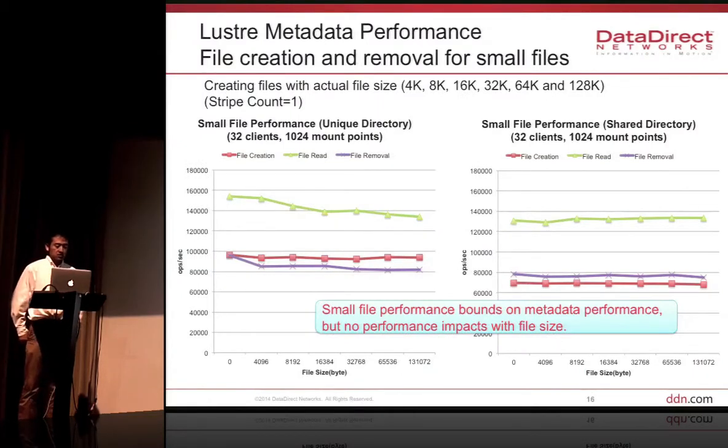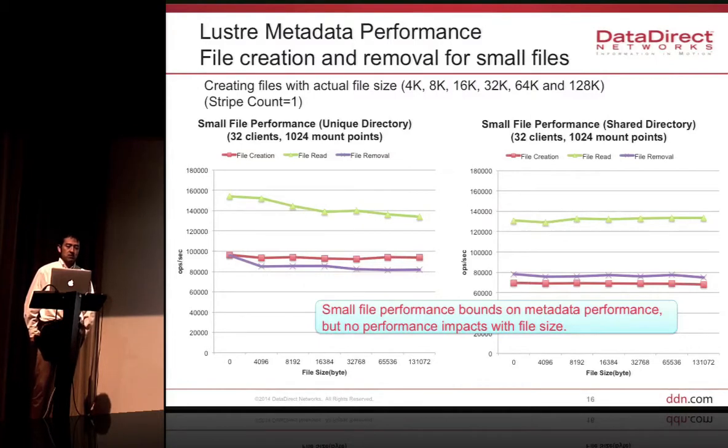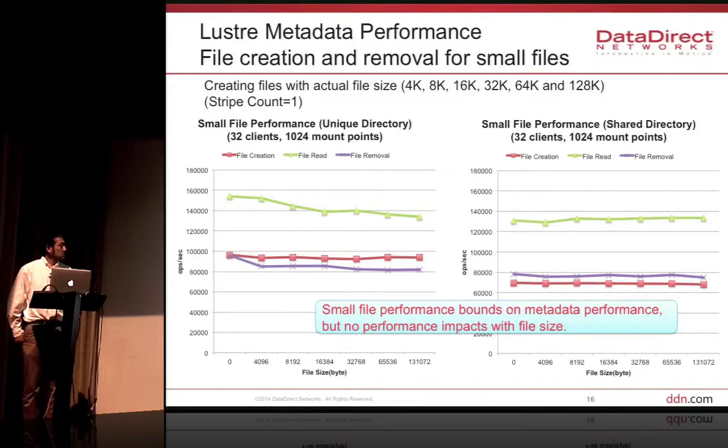So this is another benchmarking. Normally, when people do MDtest benchmarking, in order to measure only the metadata performance, they use 0-byte files, so there is no file size when the file is created using MDtest.